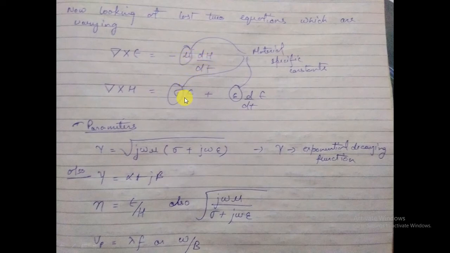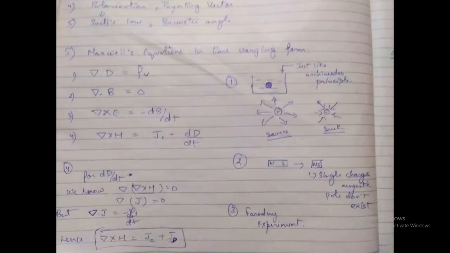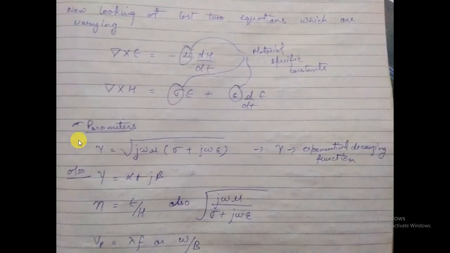Then we can write the current density as sigma E, and again D as epsilon E. So what will we get? We get mu, sigma, and epsilon. These are the material's constants, because they depend on the material. Whatever material we have, it will have its own unique values, and according to that the electric field and magnetic field change.